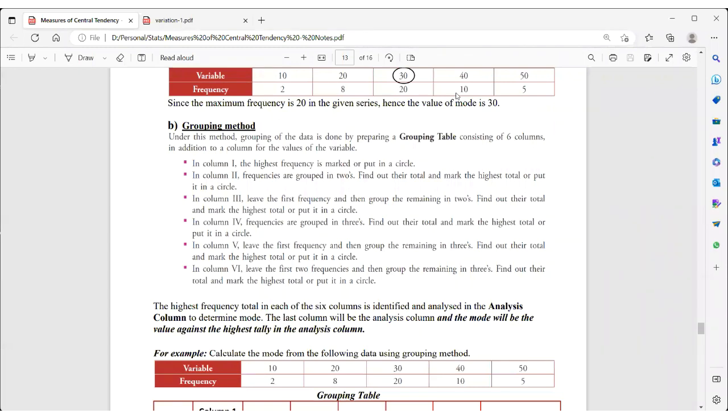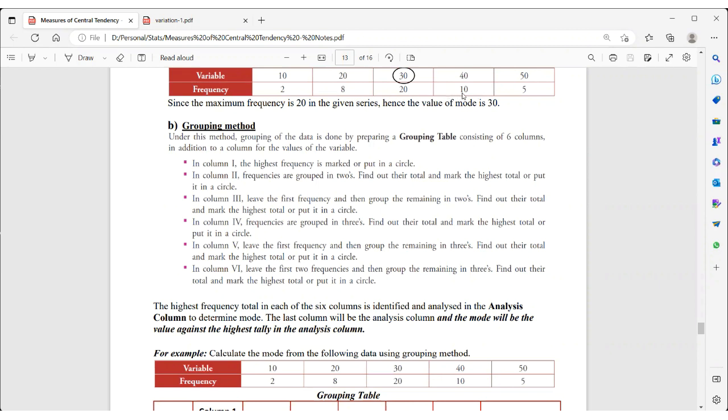Sorry, the difference is large here. But if you find that the difference is very small between the maximum frequency, 20, and the frequencies next to it on either side, it is different.